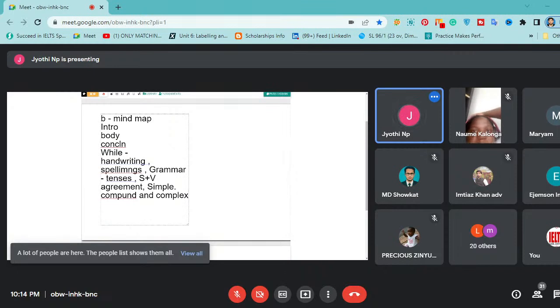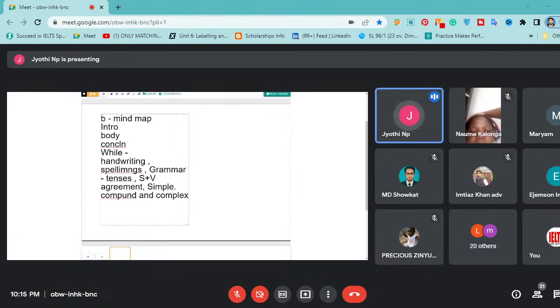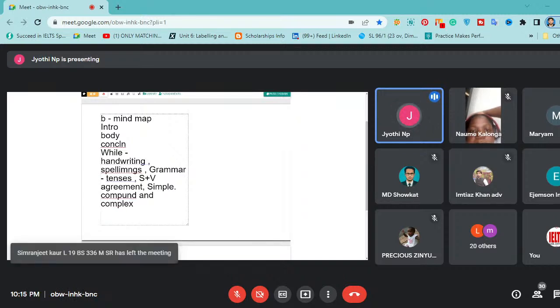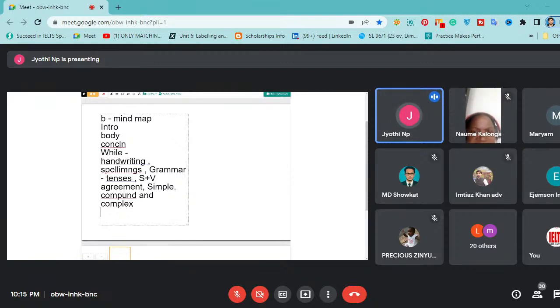Okay, this is while writing. After you finish writing, you are going to check. That is post-writing, where you proofread. Proofread means you need to have a checklist. You can prepare your own checklist.